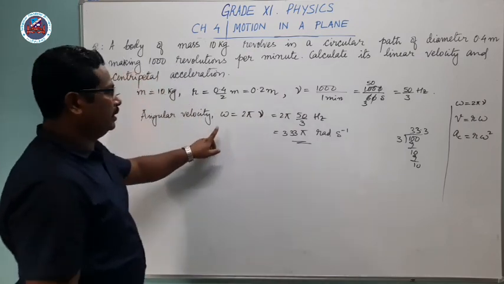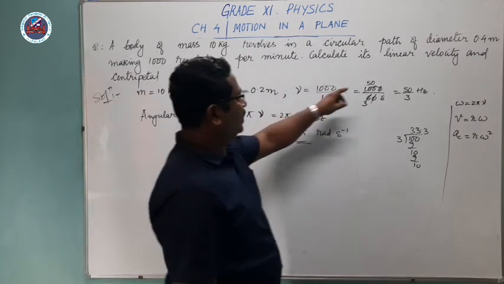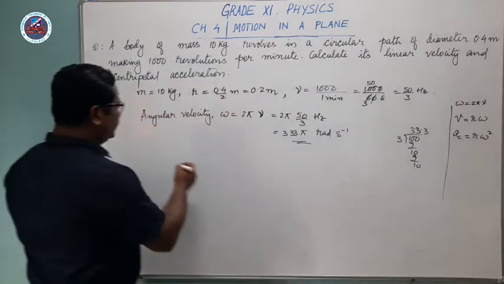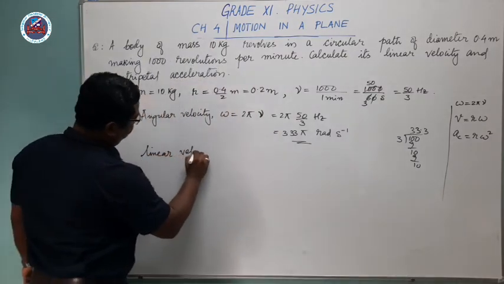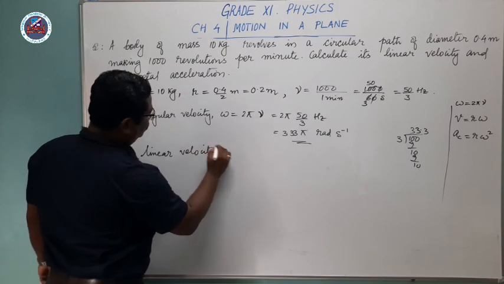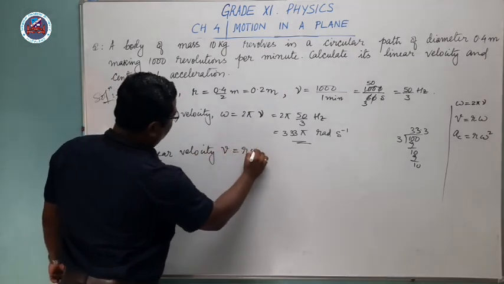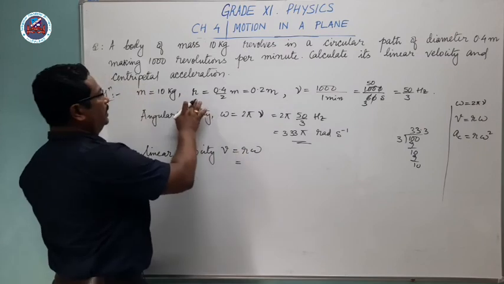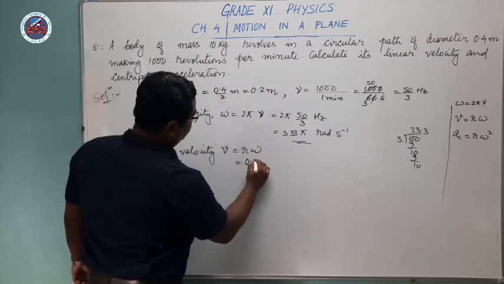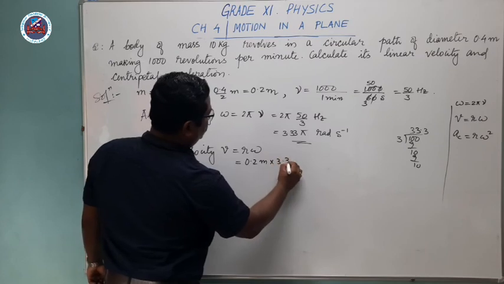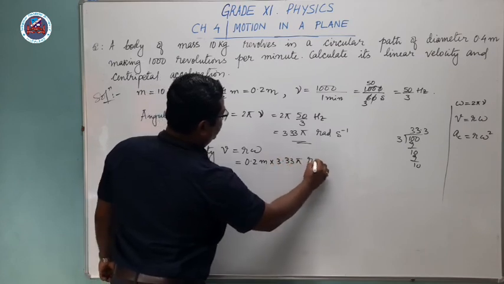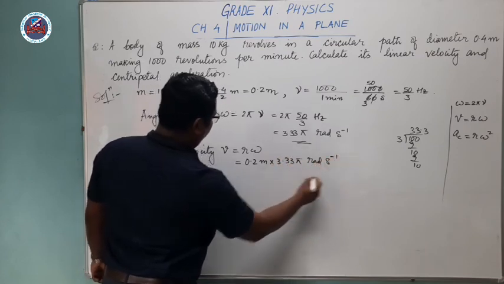First we found the angular velocity, then we will find the linear velocity. Linear velocity, as you know the formula, is r omega. R is 0.2 meter. Angular velocity is 33.3 pi radian per second.